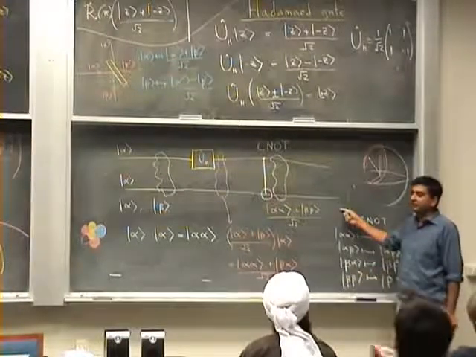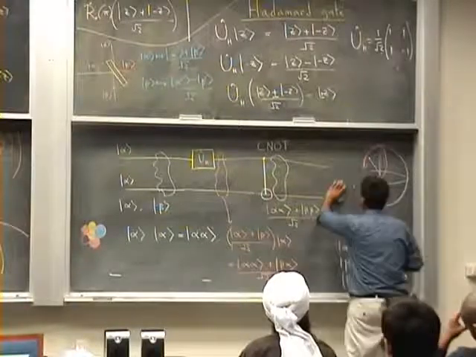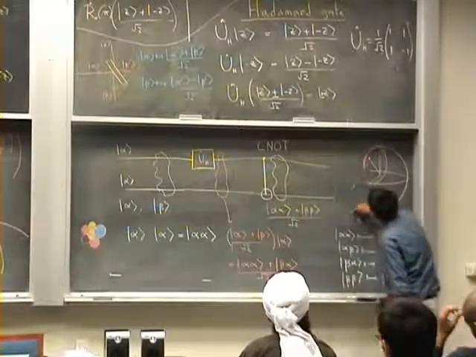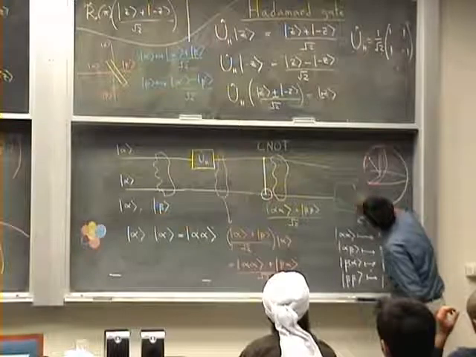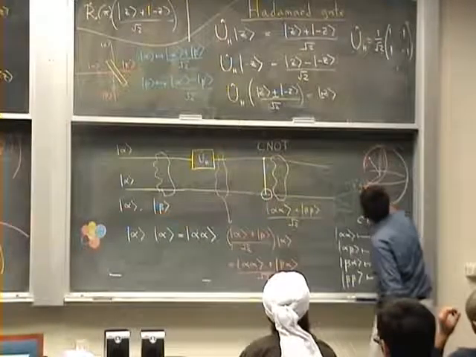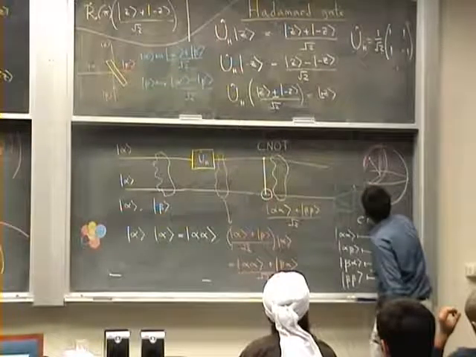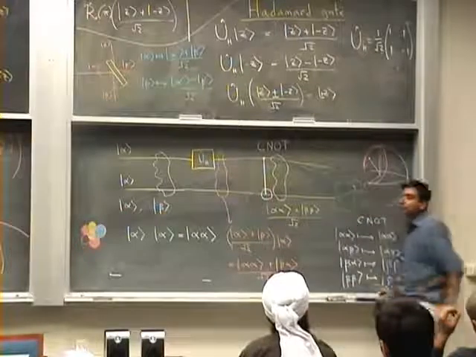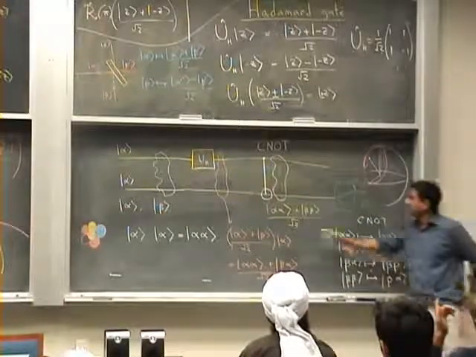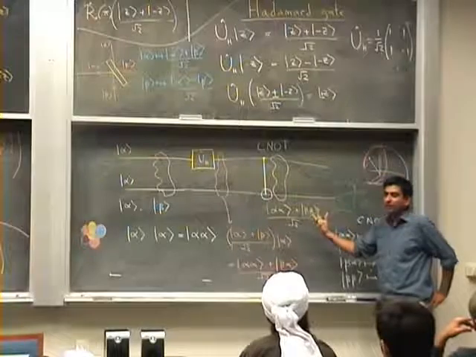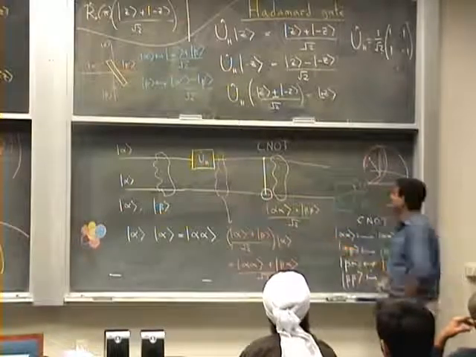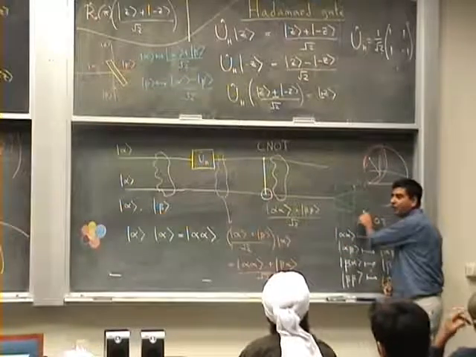I'm measuring in the alpha beta basis, which means I'm applying an experiment that can break this qubit into an alpha channel and a beta channel. What are the possible outcomes? Alpha or beta, and the probability is 50%.